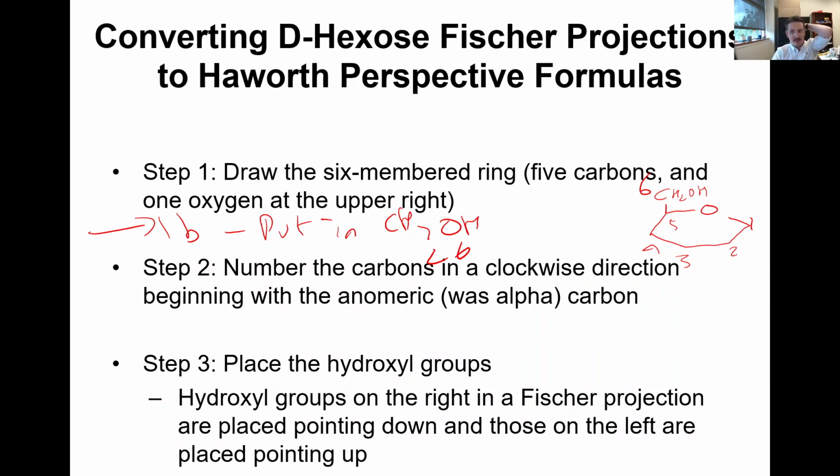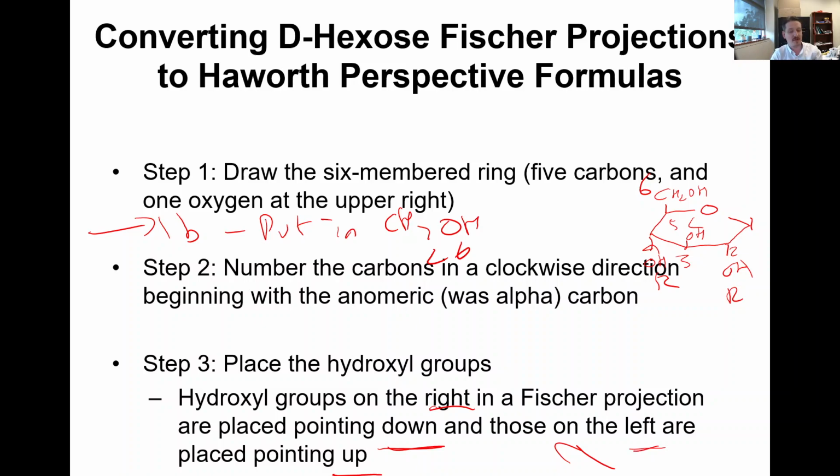So for the middle hydroxyl groups, whether it's going to be down, up, down, is determined by right, left, right. Right are going to be pointing down, left are going to be pointing up.